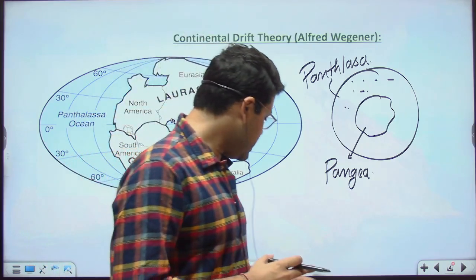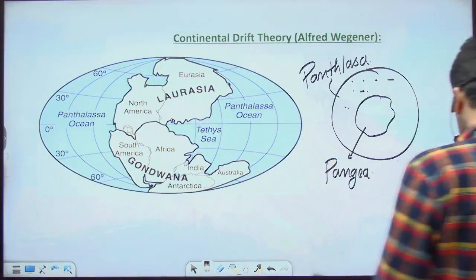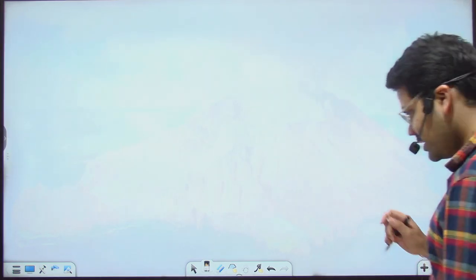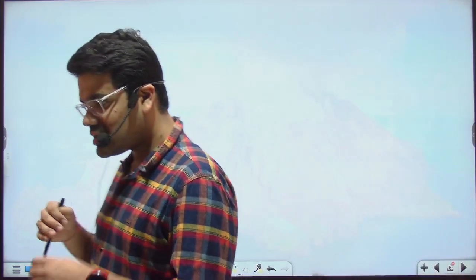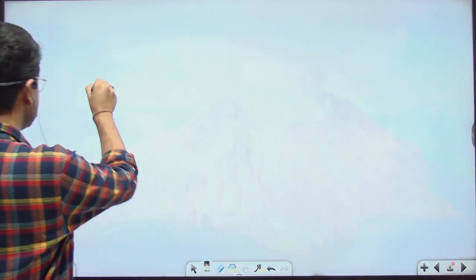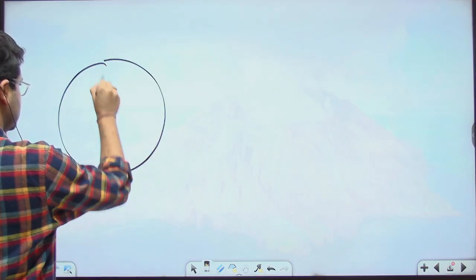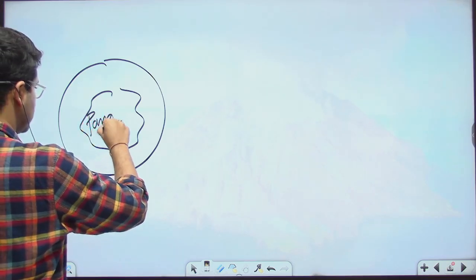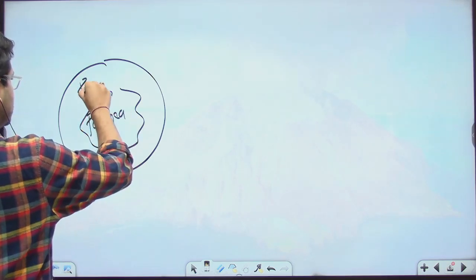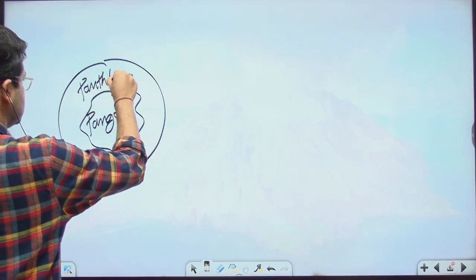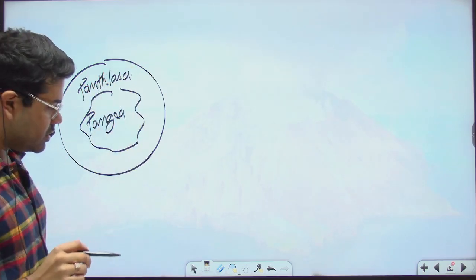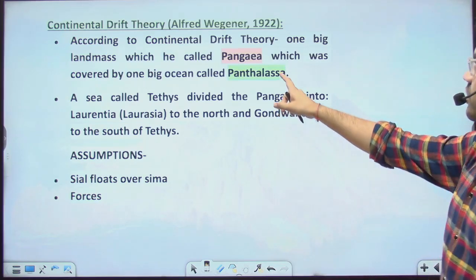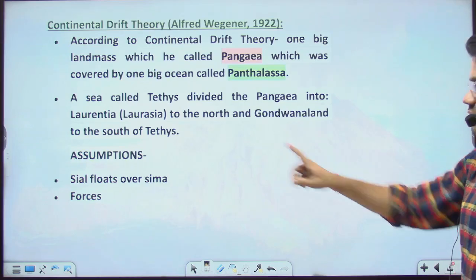Now, what happened? He assumed certain forces. He said multiple forces were acting on this Pangaea and Panthalassa. This is Pangaea, the supercontinent, and this is Panthalassa. As you can see, he made certain assumptions.